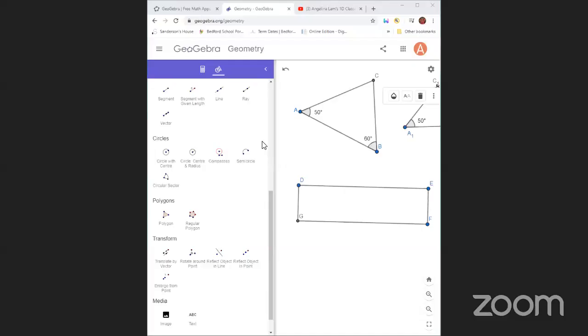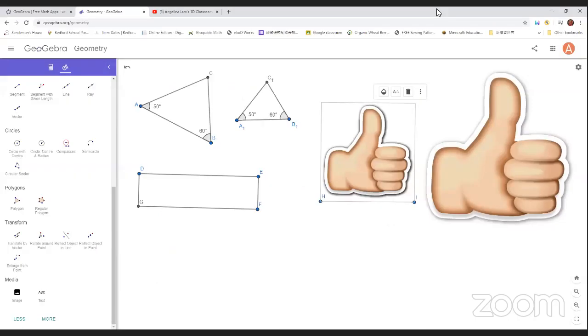Now we'll start talking about similar figures today. Let me share this one. Right. Now here, you remember we did some drawing yesterday, right?